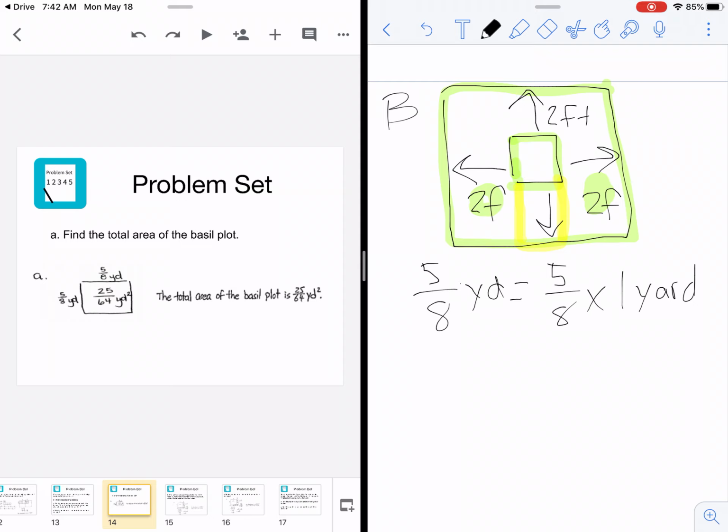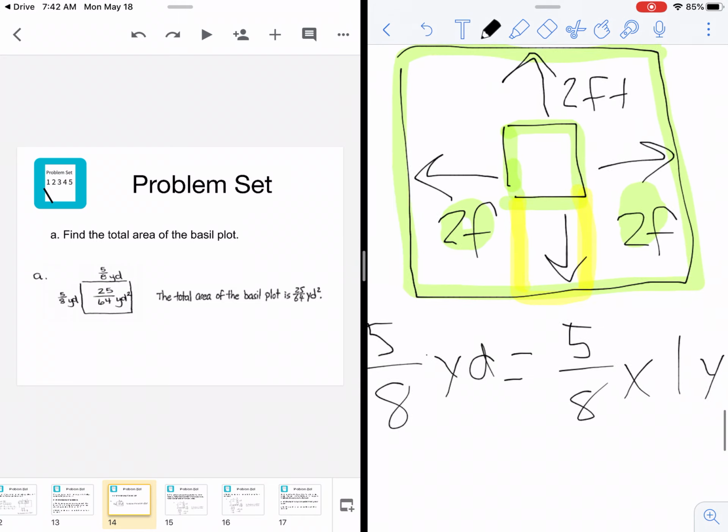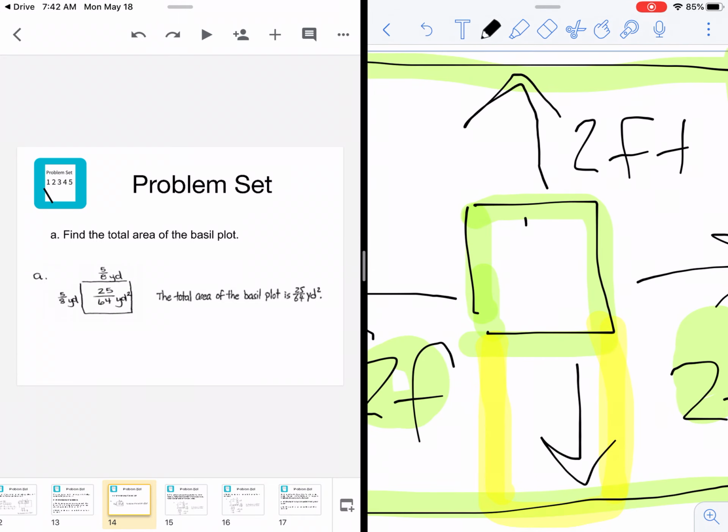So the length of one side is 2 feet from the edge of the garden on each side. I'm going to zoom in. So this area is 5/8 of a yard.